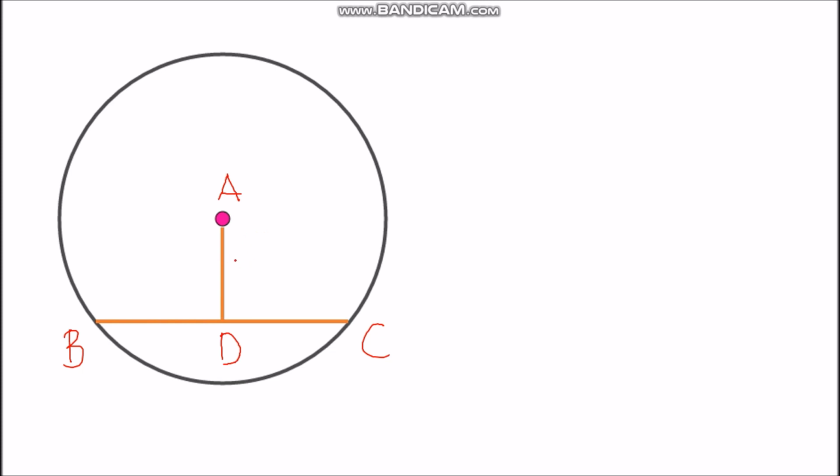Now this one is 7 centimeters. This segment AD represents the distance of the chord to the given center. Now this segment AD is perpendicular to chord BC. So later on, we will use that to solve for the chord.